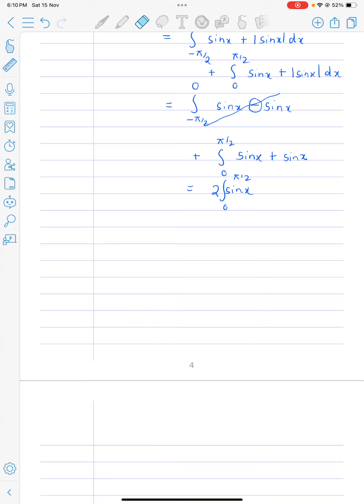I'm going to use the fundamental theorem of calculus again, not the one that we used in question number 1.